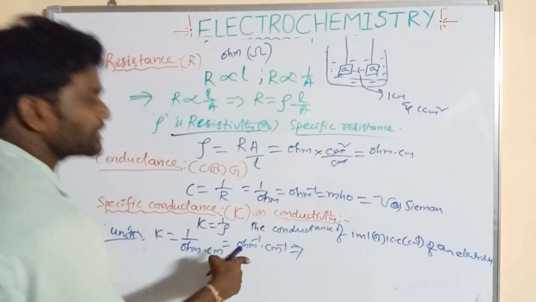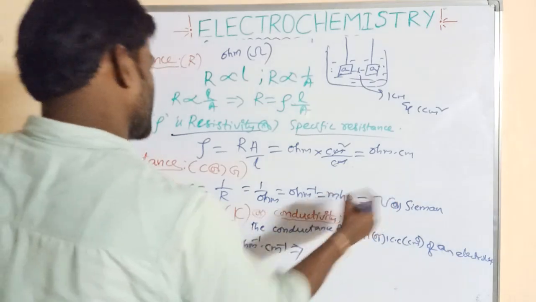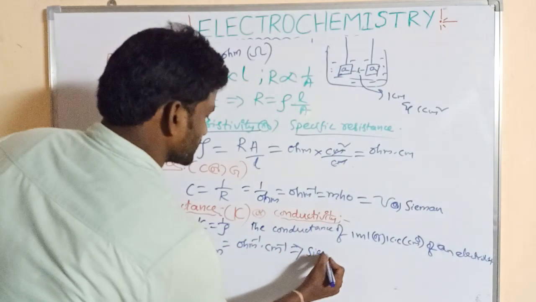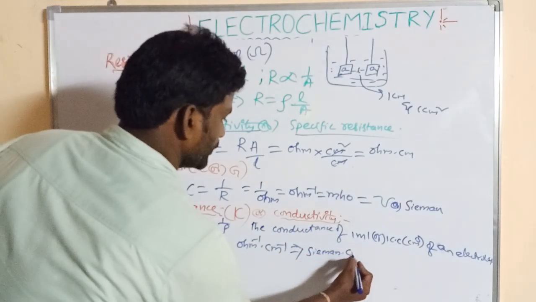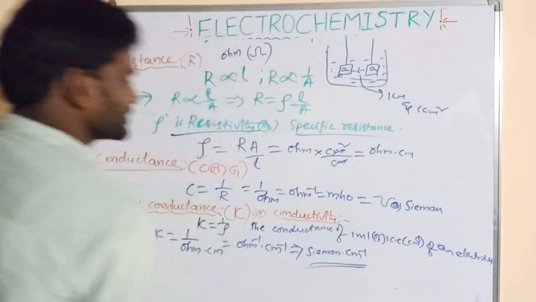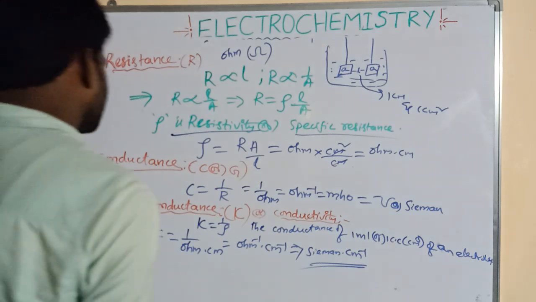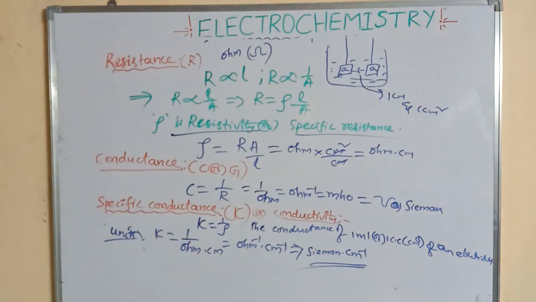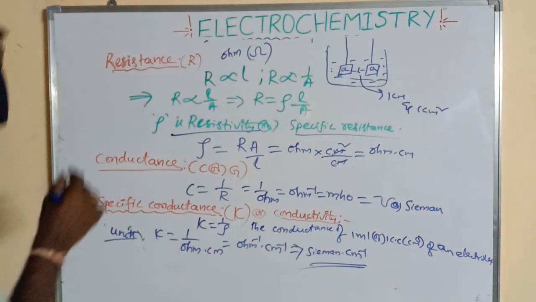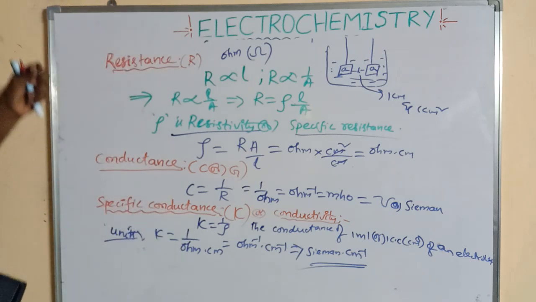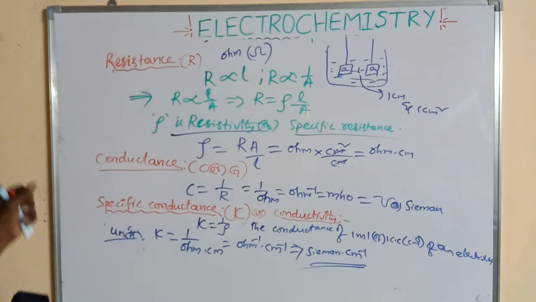Ohm inverse can also be written as mho or Siemens into centimeter inverse. These are the units of kappa. We know resistance, resistivity or specific resistance, conductance or specific conductance.